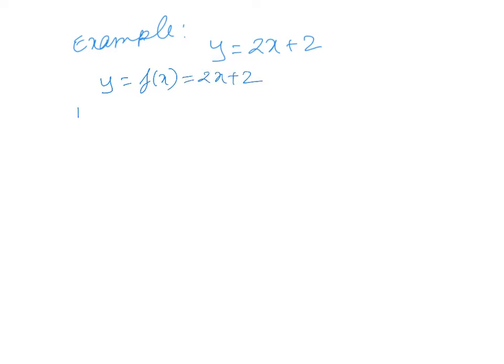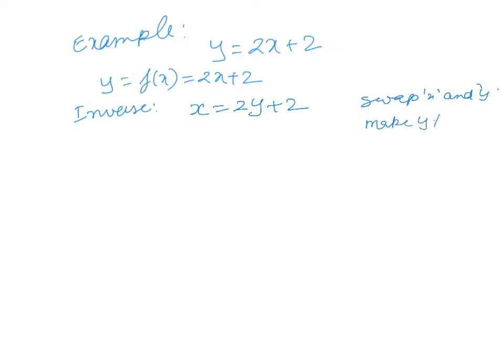Now to find the inverse, what was my first step? In this equation, y is equal to 2x plus 2, I write x is equal to 2y plus 2. That's my first step: swap the values, I swap x and y in the equation.